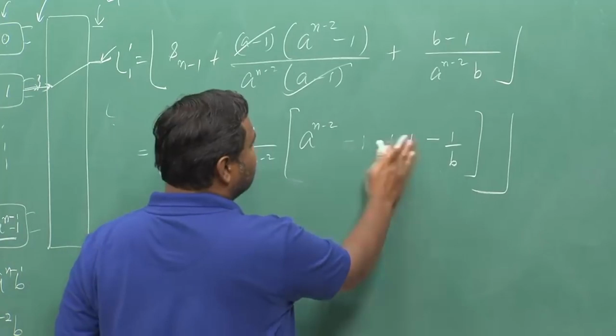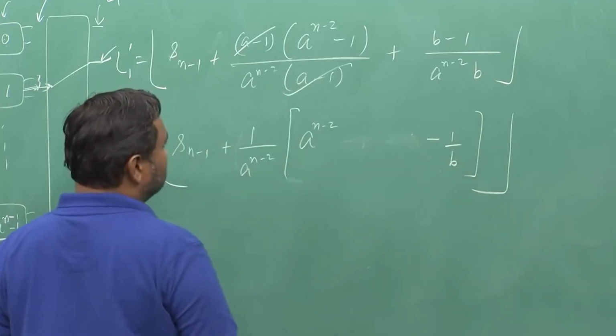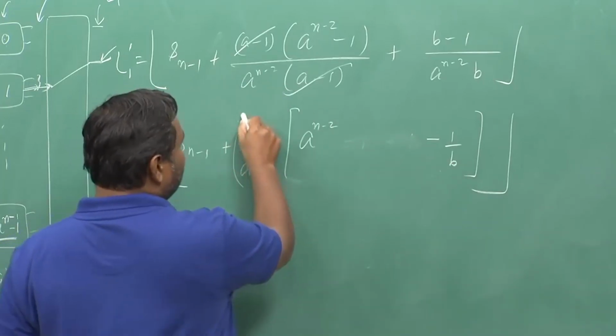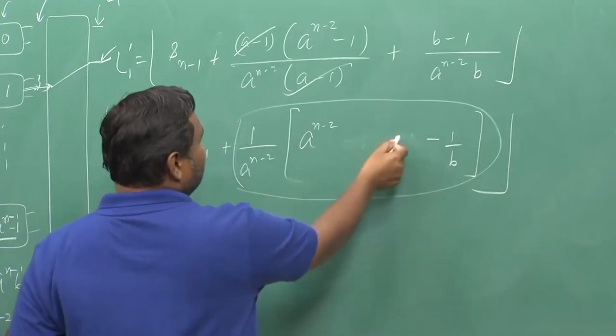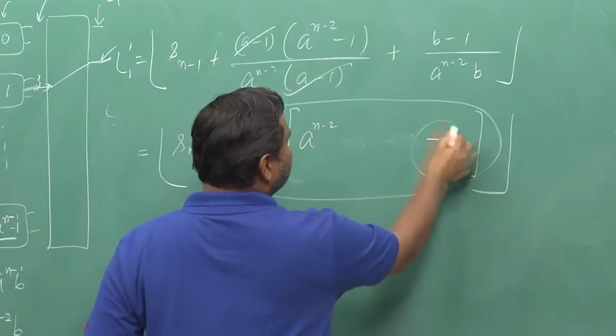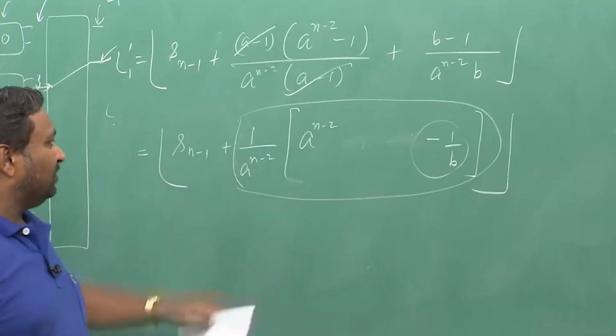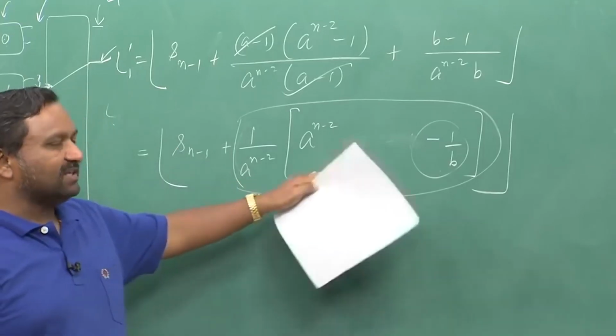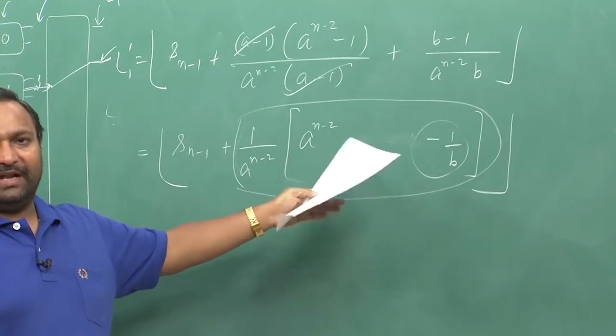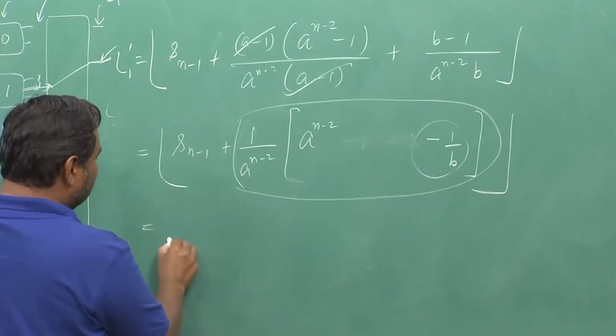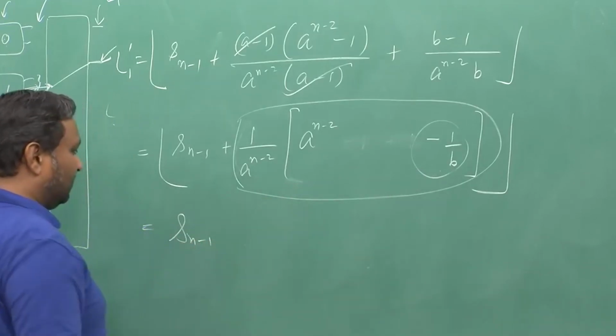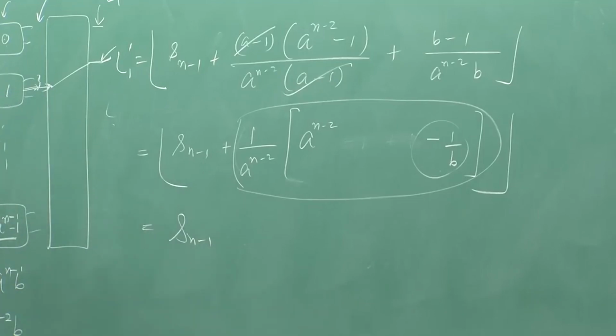So, this one actually cancels out, and if you look into this aspect, the numerator is smaller by this much amount and the denominator is a raised power n minus 2. So, this has to be a fraction. So, when I take the floor function it should result in nothing but s n minus 1.